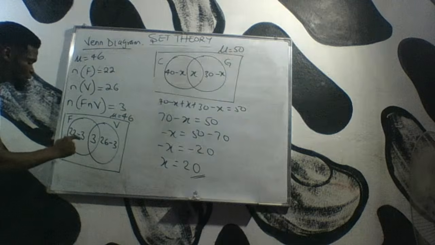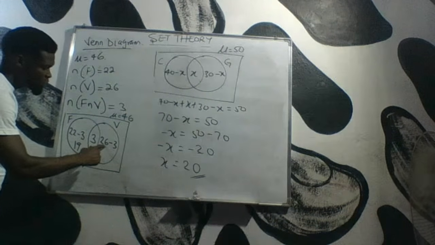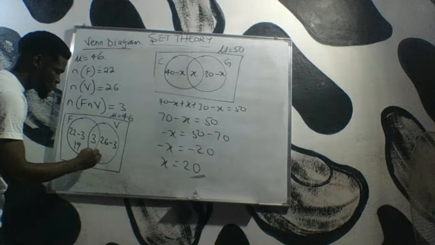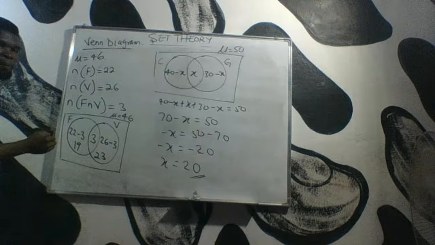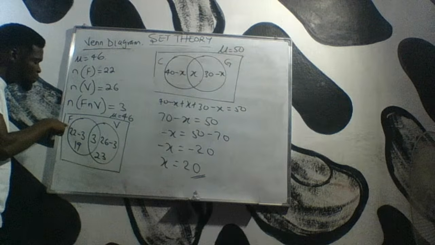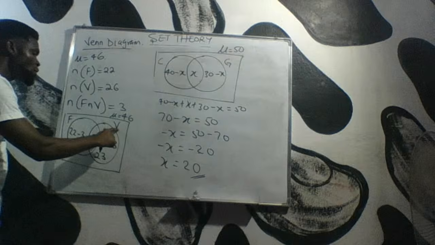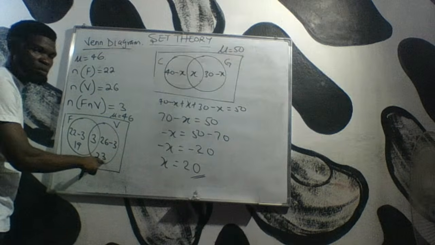That will be 22 minus 3, which is 19. How many play volleyball only? That will be 26 minus 3, which is 23. So football is played by 19 students only, and volleyball by 23 students only.